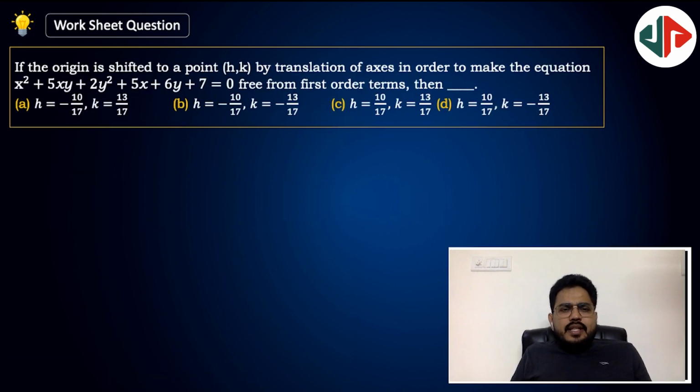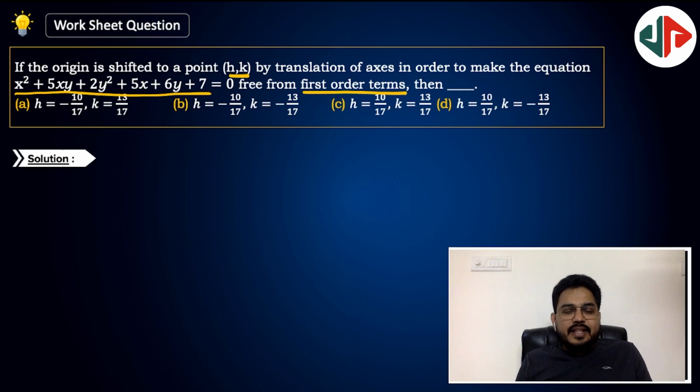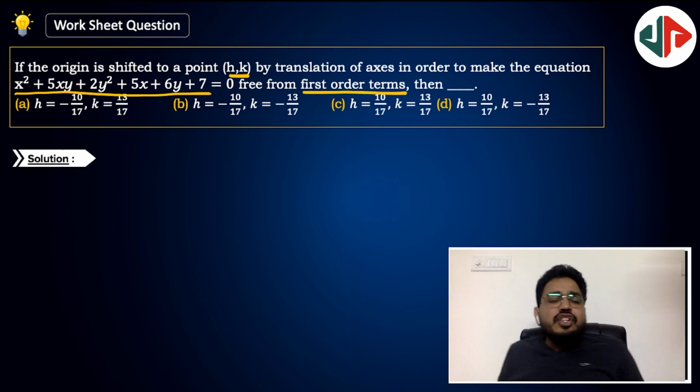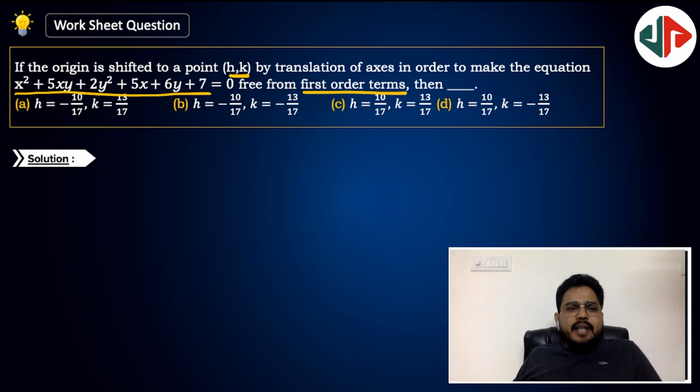But what I suggest from here is you can go ahead straight away. If the origin is shifted to the point h comma k by the translation of axes and this particular equation becomes free from first order terms, then what they are asking is very simple: find the new origin so that the given equation will be free from x and y terms.